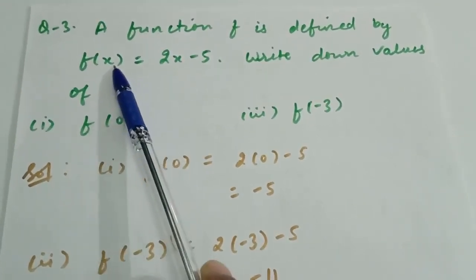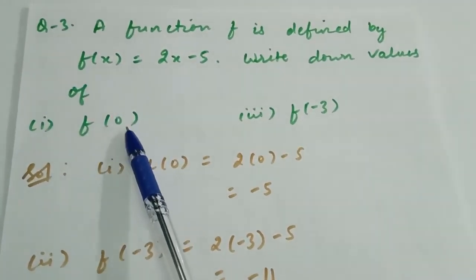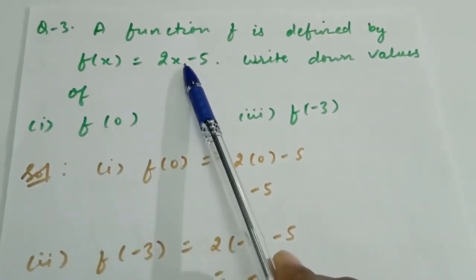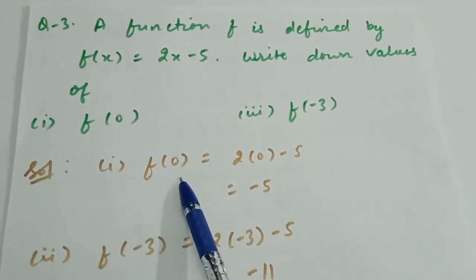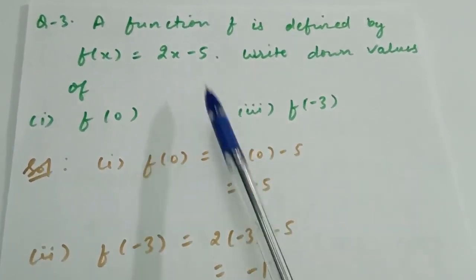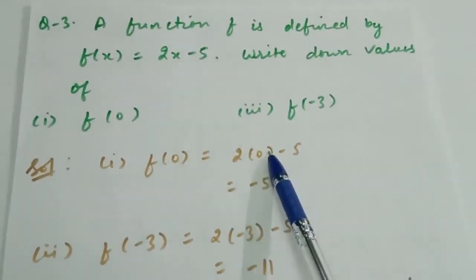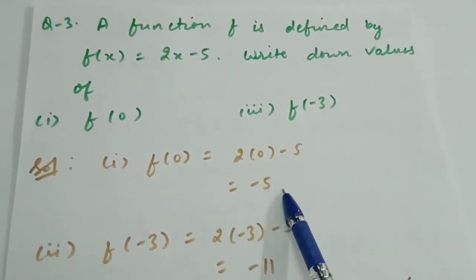Now see here, it is x. In place of x, we have to put 0. So f(0) will be 2 into 0 minus 5. When you solve it, you will get the answer as minus 5.